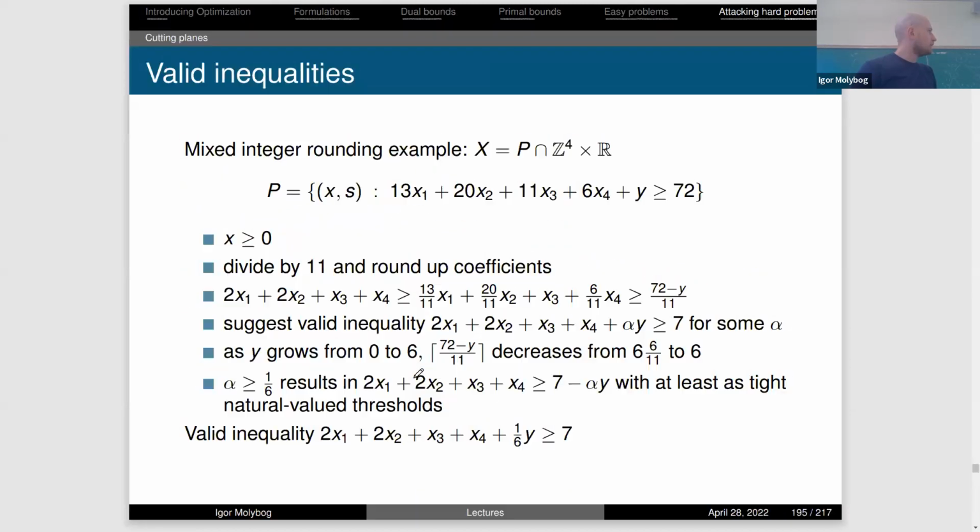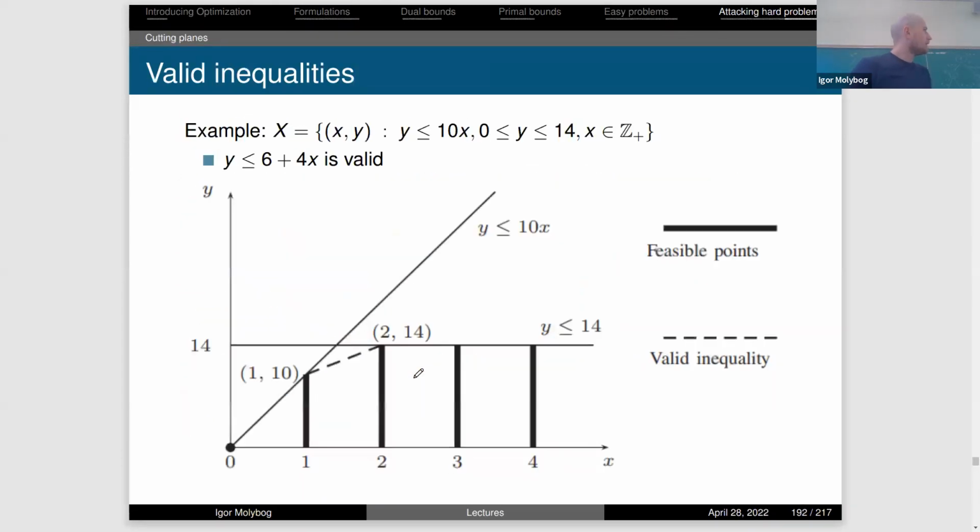For example, if we see this picture over here, our feasible points are the bold lines, and then we also have a valid inequality. Where is our P in this case?